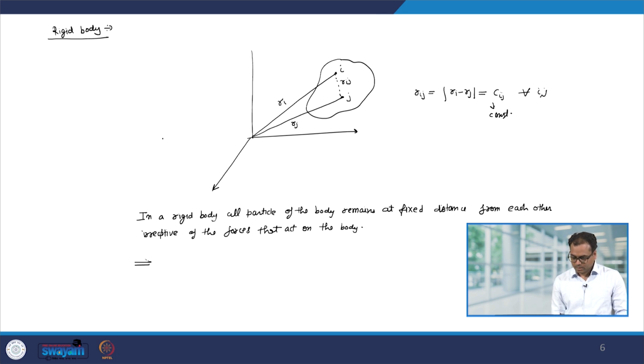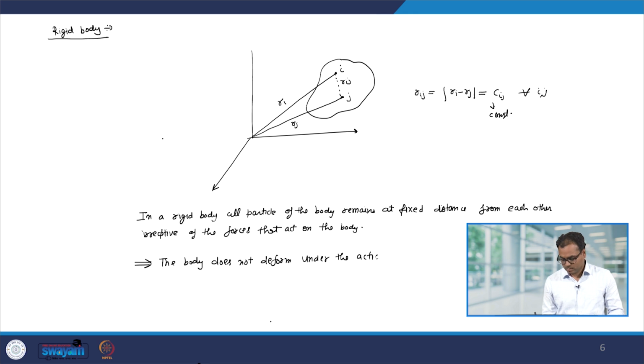In other words, this means that the body does not deform under the action of forces. Now, this concept of rigid body we are going to use both in statics and dynamics.